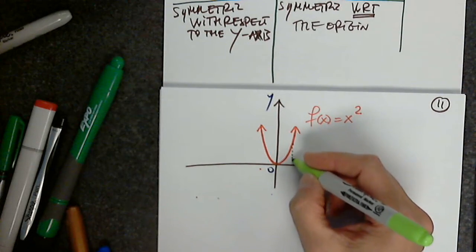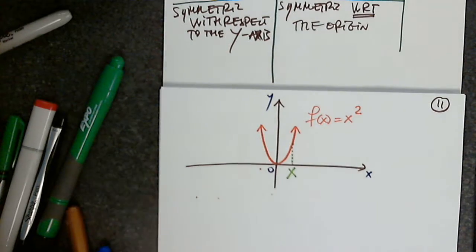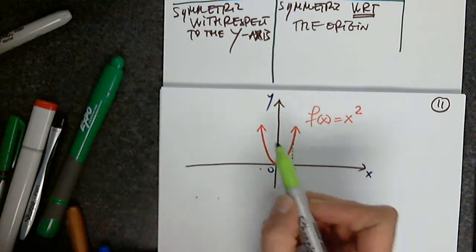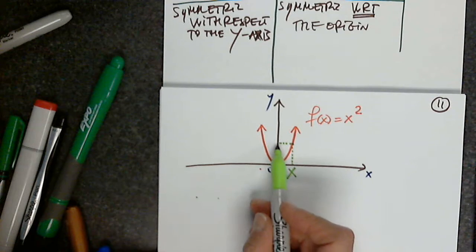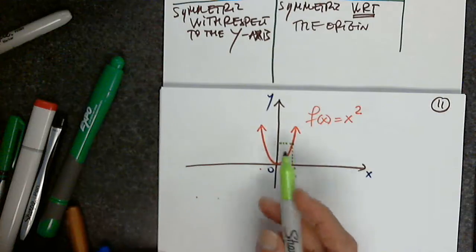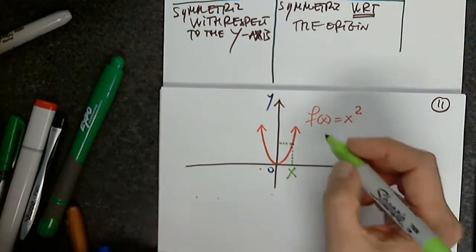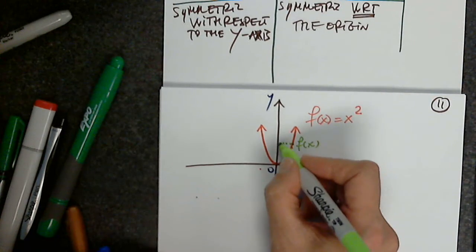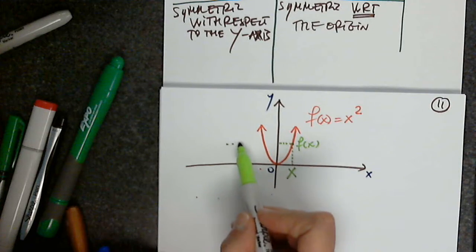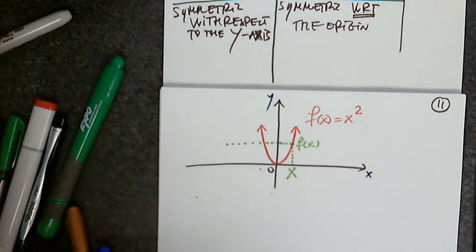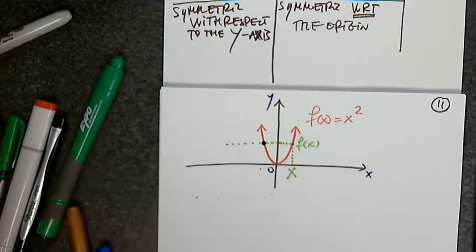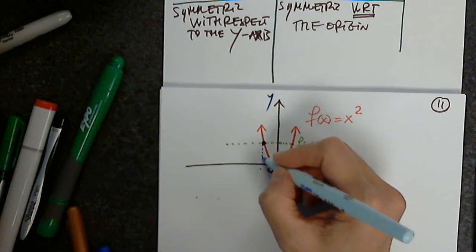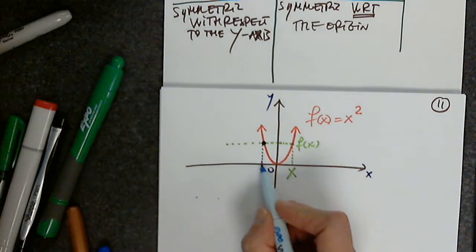Let's say this is x. Can anyone tell us what this is? Right, we know that now. So this must be f of x. I will continue this line, and you see on the other side, this line crosses the graph at this point. Can anyone guess this value here?